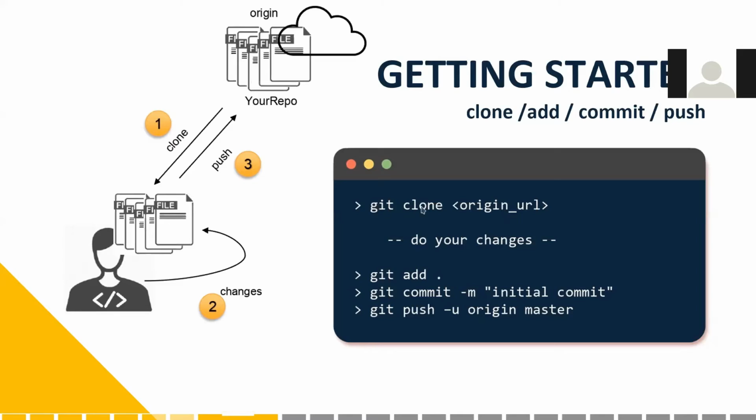These are the set of commands that we are going to use: git clone and the URL, git add, git commit, git push. You don't have to worry about all these other fancy things like U and M. These are basically what comes after you understand what git means and what commit means, what push means. So try to go with the flow, and then you will understand how these things come into play.